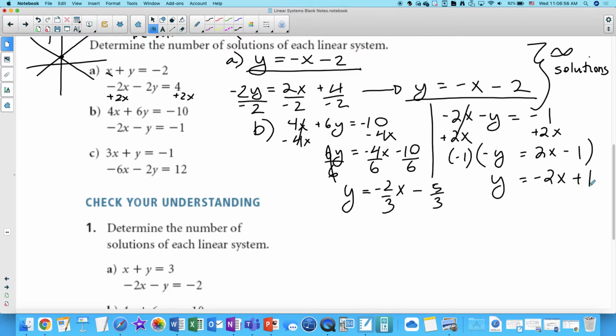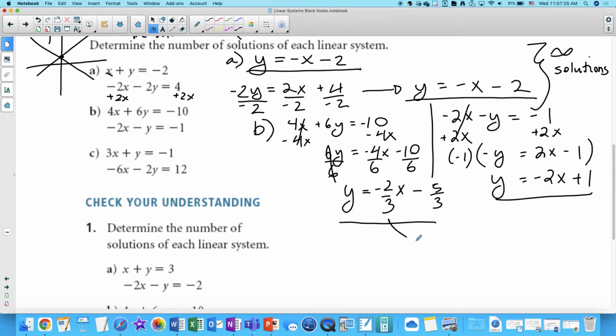Okay, so here's one equation, here's the other equation. What can we say about the number of solutions? Yeah, one solution. How do you know? It's a different equation. True, but you could have different equations that have no solutions. So what specifically are we looking for? Different slopes, yes.